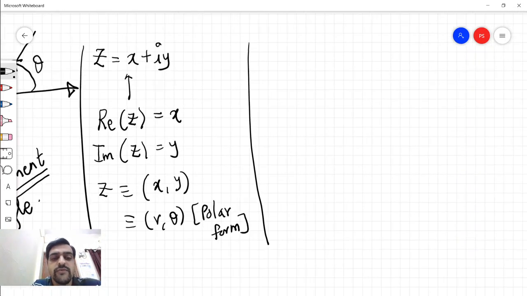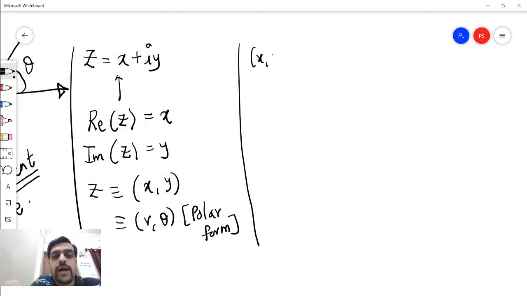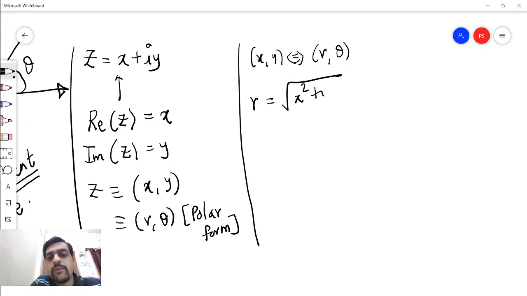and the equations which relate xy with r theta are simply r equal to root of x squared plus y squared and theta equal to tan inverse of y by x.